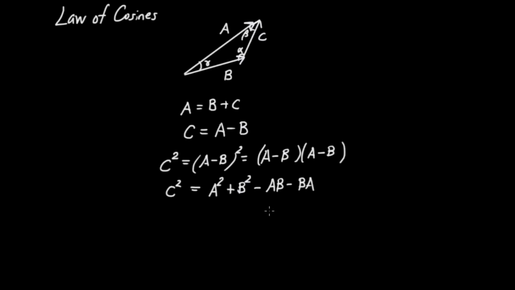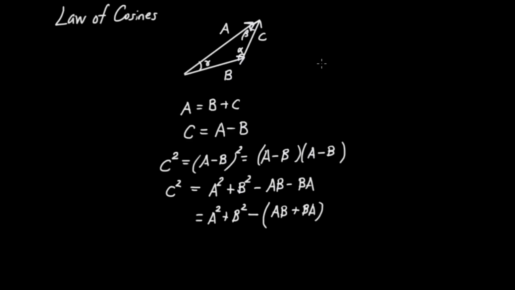Now let's observe something here. Let me rewrite the right-hand side just to make it a little bit clearer. Let me pull a minus sign out of these two terms. So I have minus the sum AB plus BA. Now hopefully you recognize this thing, AB plus BA. That looks pretty similar to the dot product.